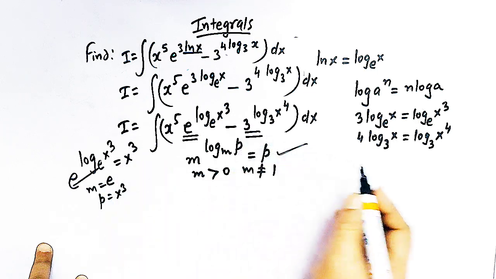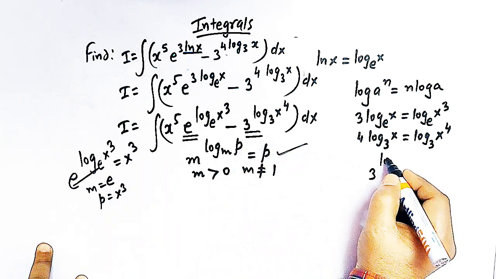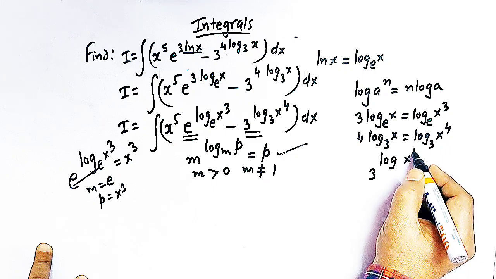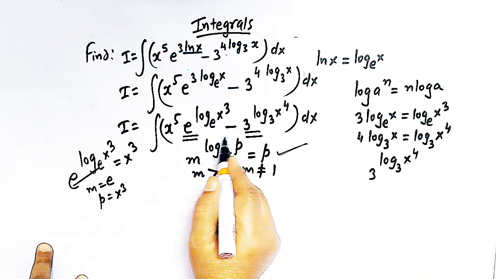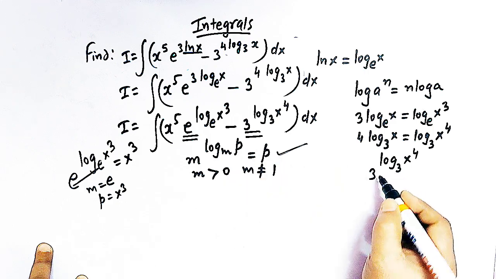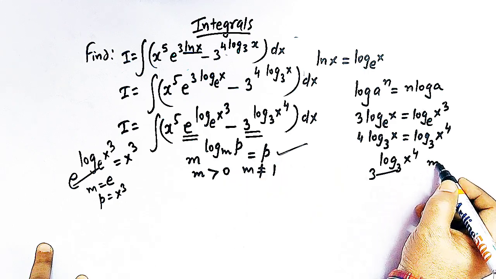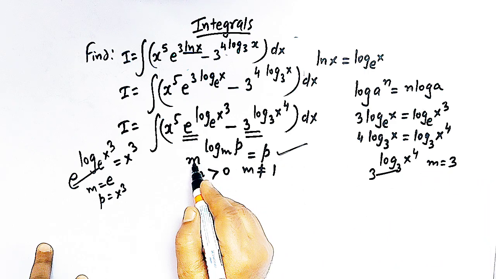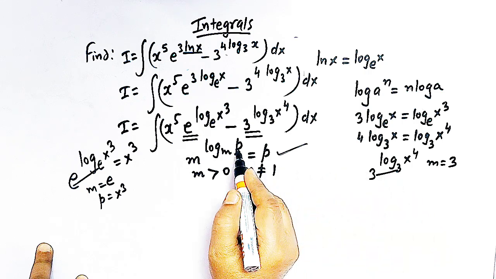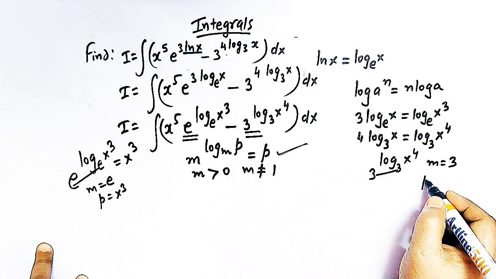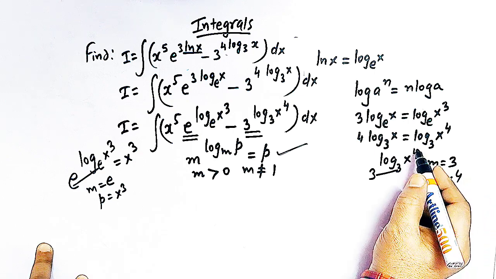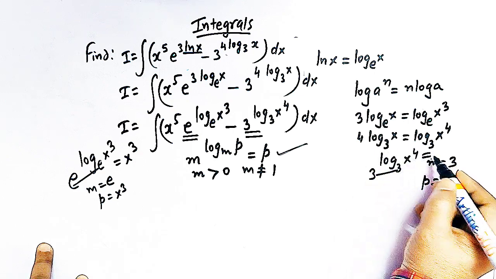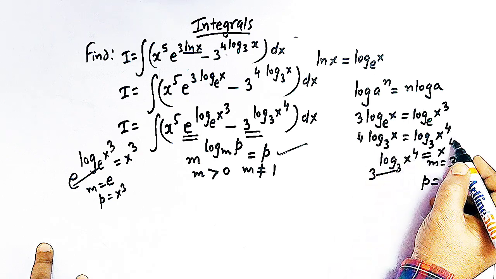And similarly here we have 3 raised to log x raised to 4, and here we have the base 3. So if we compare this expression with this one, then the value of m is equal to 3 in this case, and for p we have x raised to 4. So the value of this expression is equal to x raised to 4.